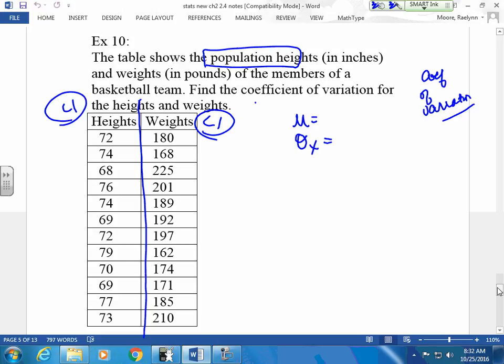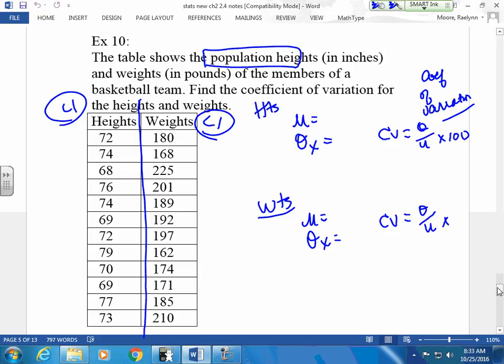So let's put this for the height. Remember, I want the population standard deviation. An easy way to remember this formula also is which way you're going to divide.